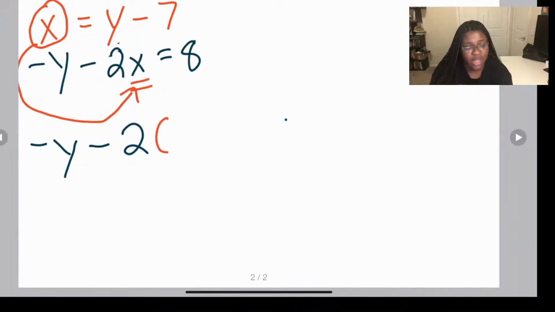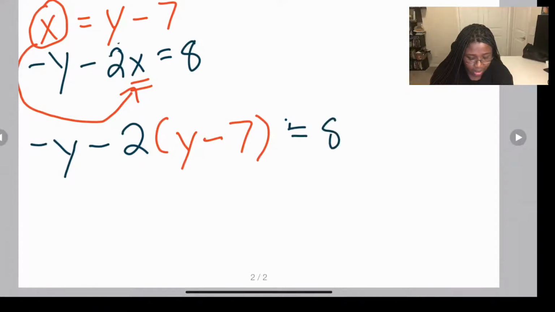We've replaced it with the entire x, which is y minus 7. And that still equals 8. We're not changing the second equation at all. So I have substituted x for what it is, the entire thing, into my new equation. That is substitution.